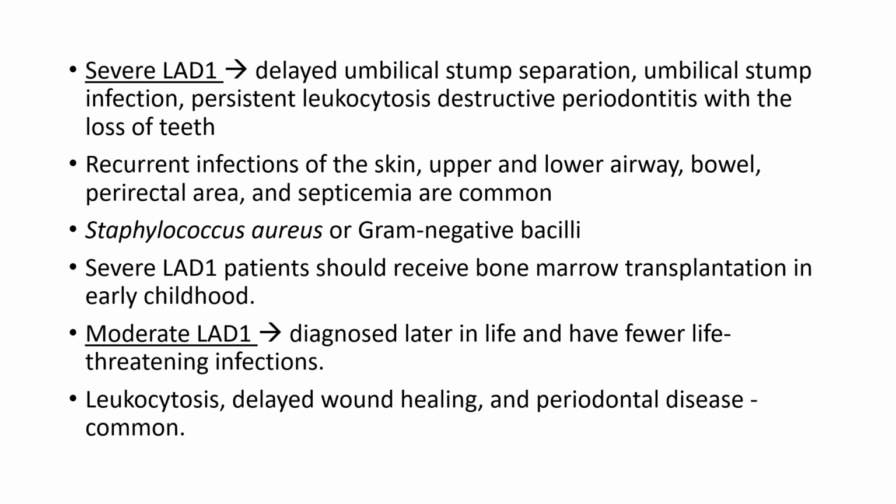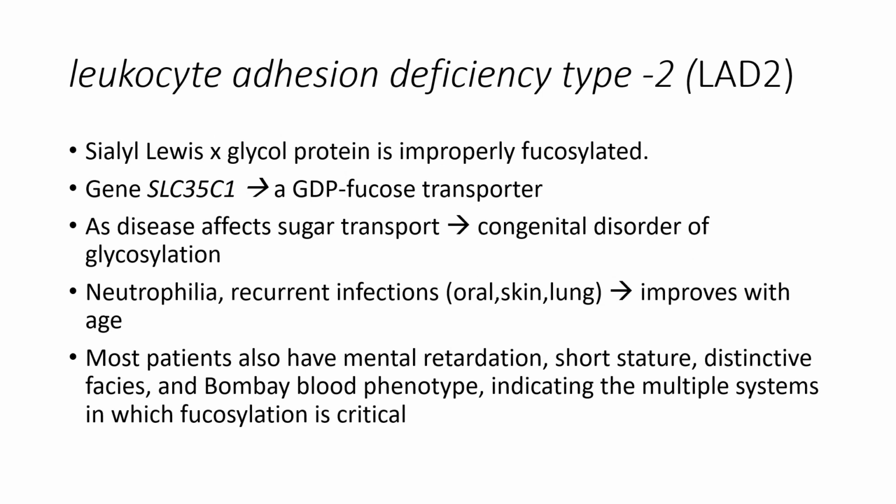The most common infections are caused by Staph aureus or gram-negative bacilli. Severe LAD patients might need bone marrow transplantation. In a moderate case of LAD1 deficiency, the patients are usually diagnosed later in life and have few life-threatening infections. Leukocytosis, delayed wound healing, and periodontitis are still common.